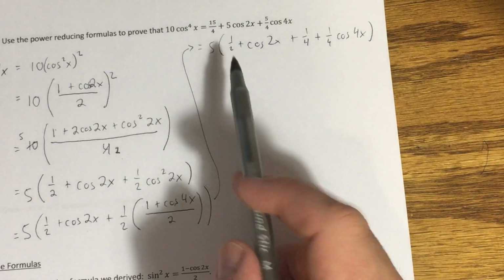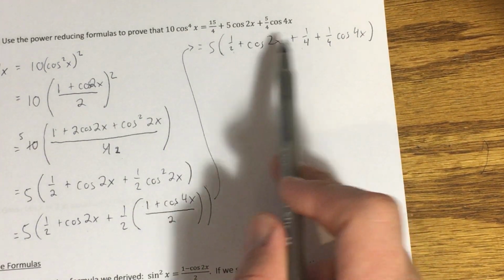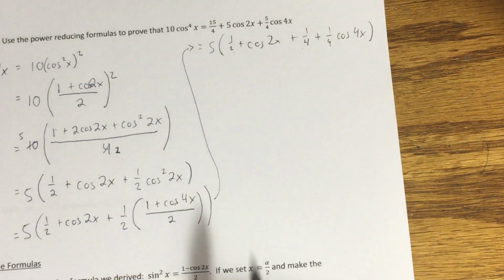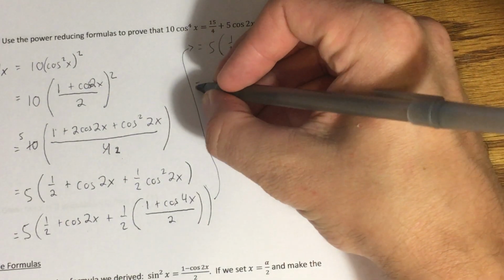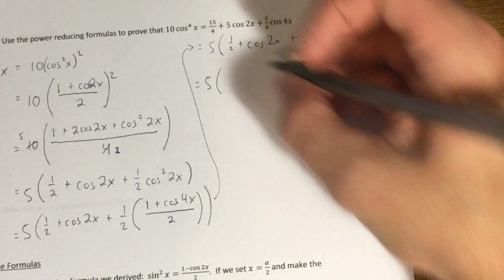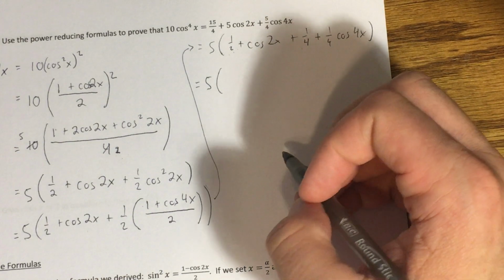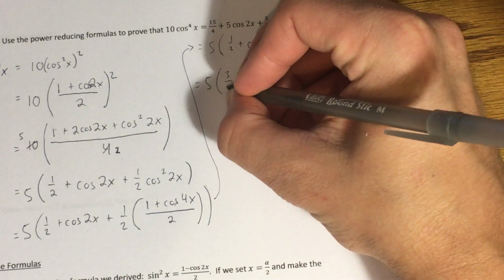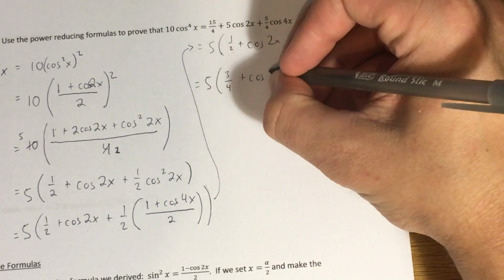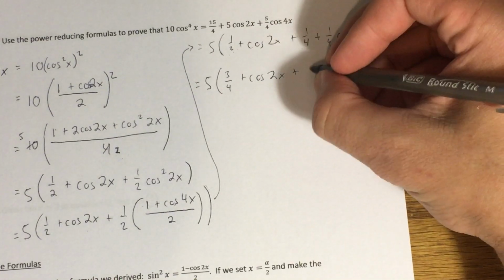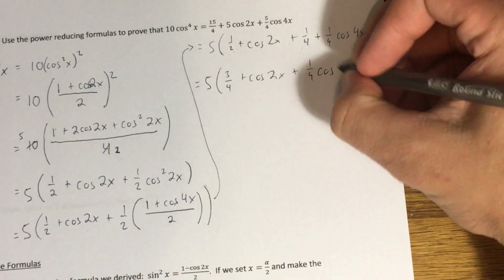Okay, now let me take a look at the two constants here, 1/2 plus 1/4. Those are like terms. I can combine those. 5 times 1/2 plus 1/4 is equal to 3/4 plus cosine of 2x plus 1/4 cosine of 4x.